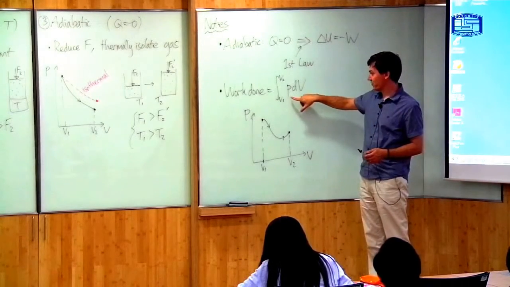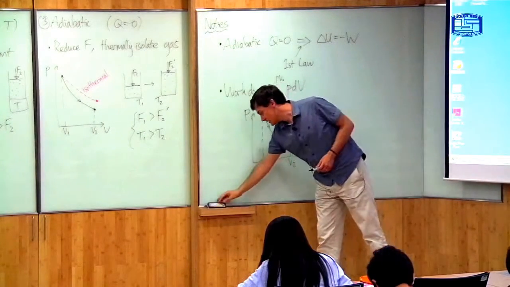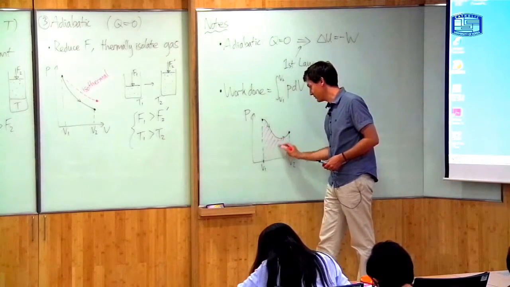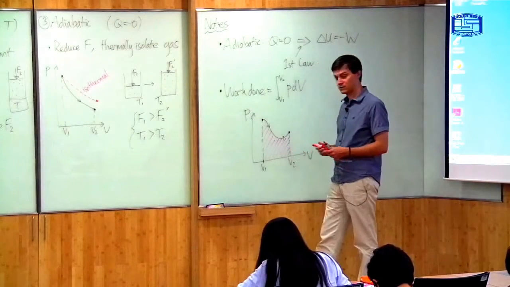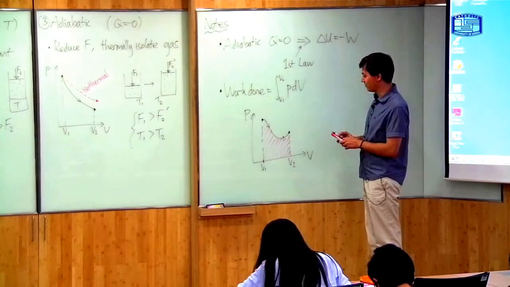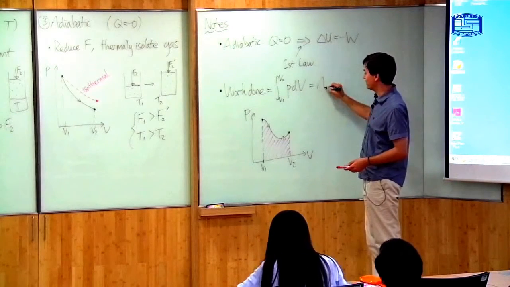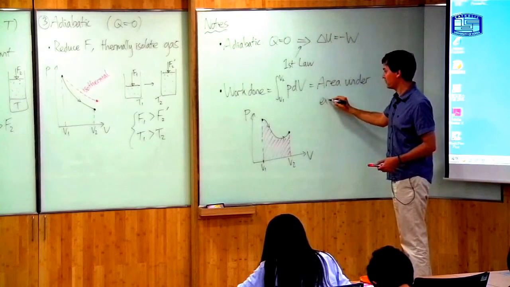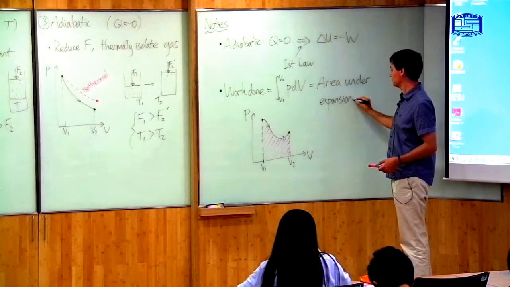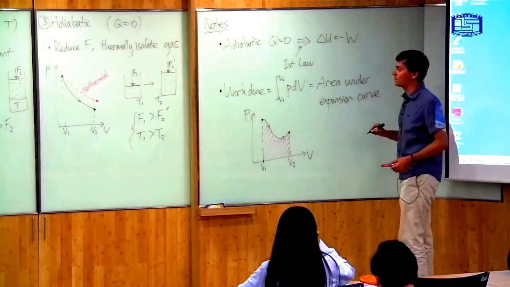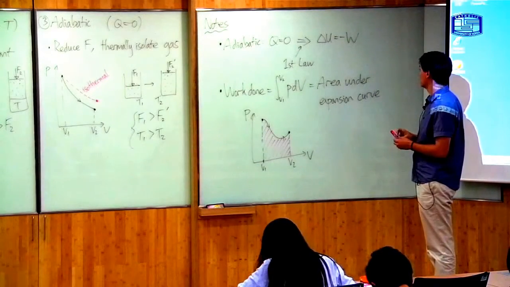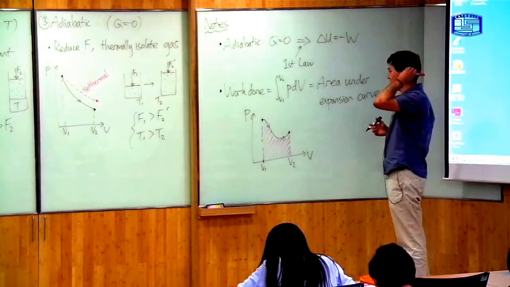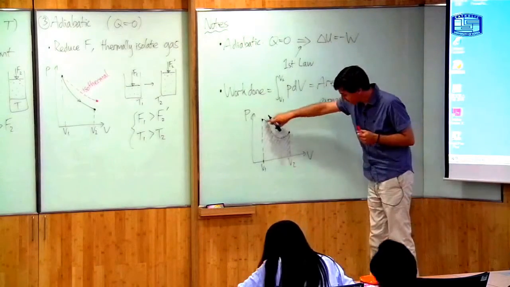Then what is this integral? The integral of P dV is simply the area under this curve in the graph. So the work done in the pressure volume diagram is the area under the expansion curve. That gives a geometrical interpretation of the work done. It's the area contained under the curve.